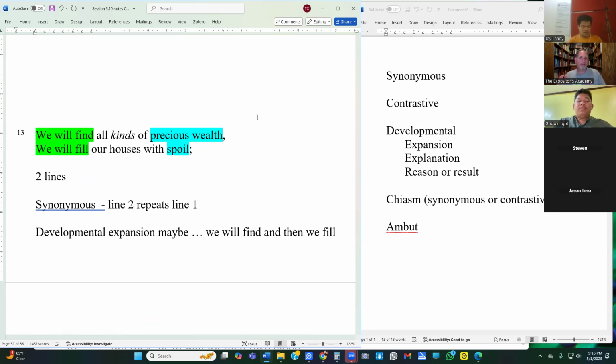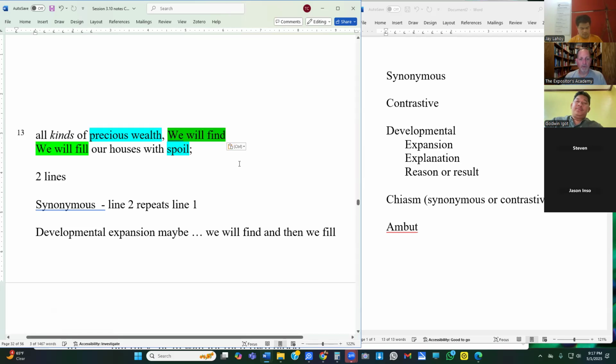I really don't like that, because then you miss possible chiasms in poetry. They should have translated it, all kinds of precious wealth we will find, because that's the actual order in Hebrew. And then we will fill our houses with spoil. See? If the English had followed the word order, you would see it.